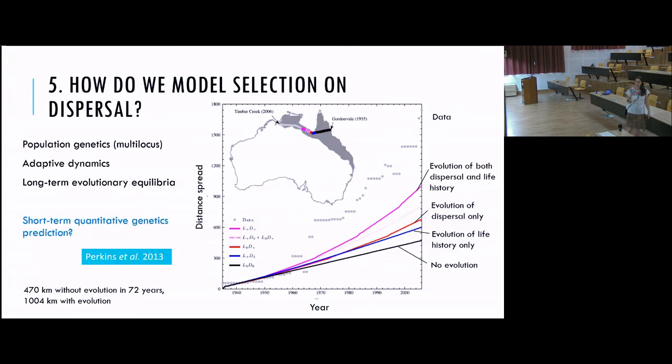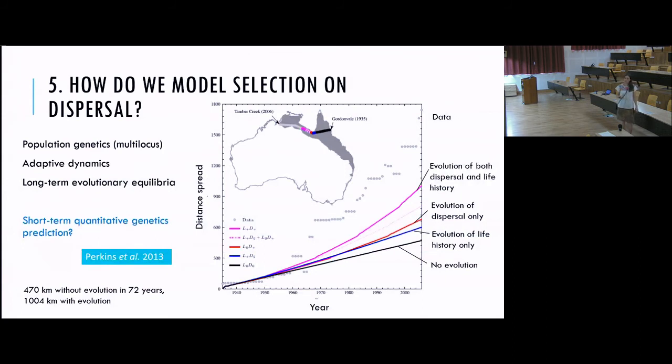So here in this model, again, they looked at the invasion of northern Australia by cane toads, and they contrasted the spread rate under different scenarios using estimates of heritability of dispersal behavior in those species.